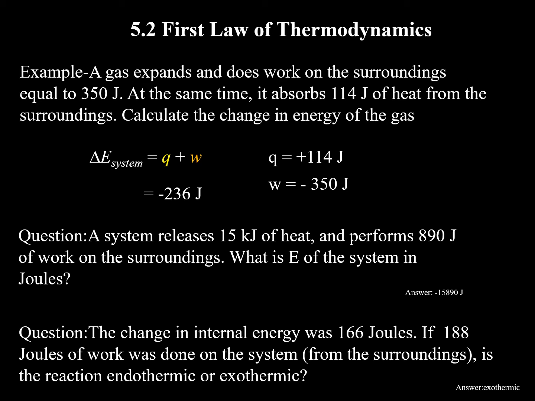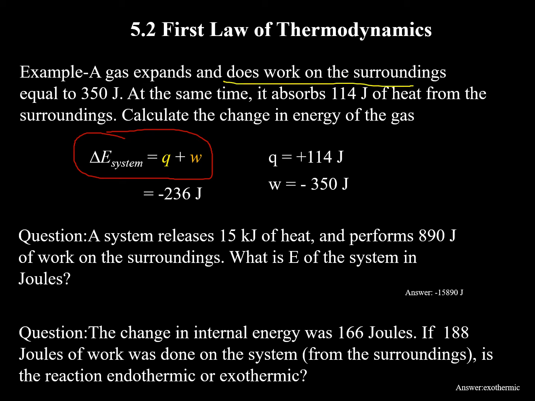Mathematically, we can also express the change in energies, as I said earlier. E system is Q plus W. Q is heat, W is work. So the question here is a gas expands and does work on the surroundings equal to 350 joules. So the work will be 350. It says here it does work on the surroundings.